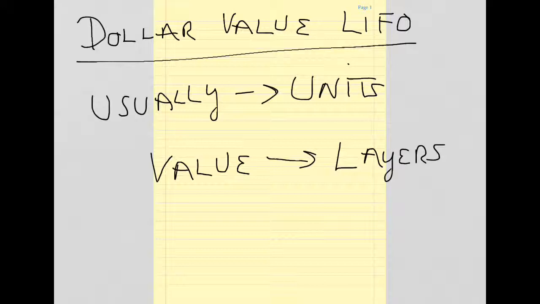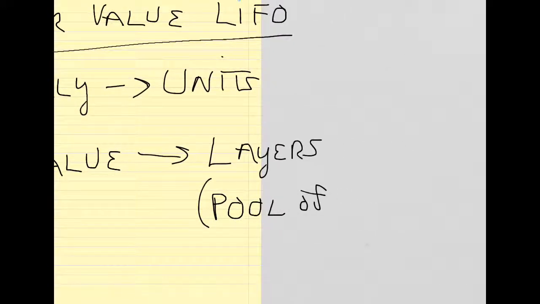So we track value. And each layer is referred to as a pool of the inventory bought or added that year. It's considered a pool of new inventory. That's the concept of those layers.